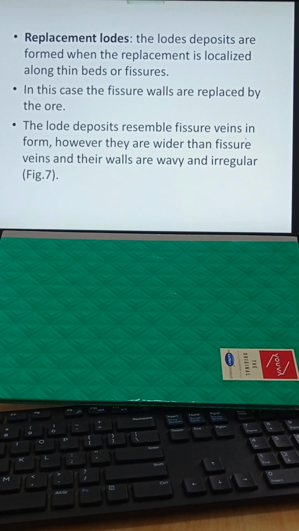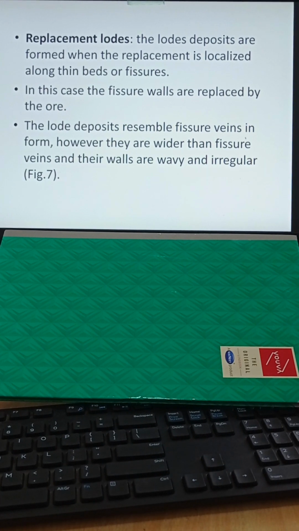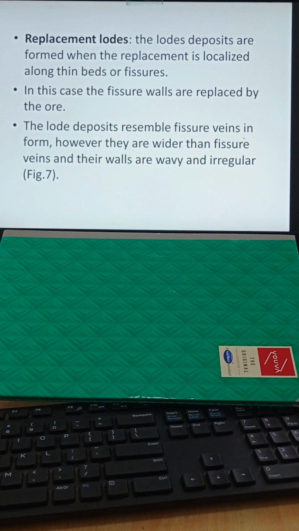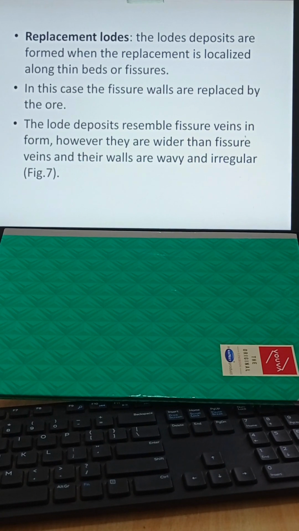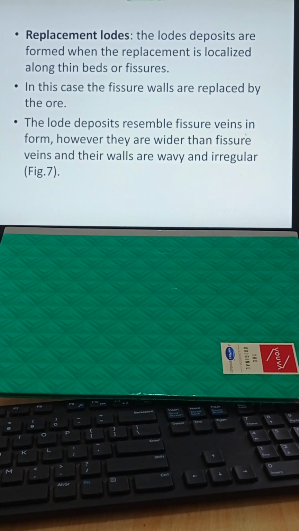Replacement lode. The lode deposits are formed when the replacement is localized along thin beds or fissures. In this case, the fissure walls are replaced by the ore.